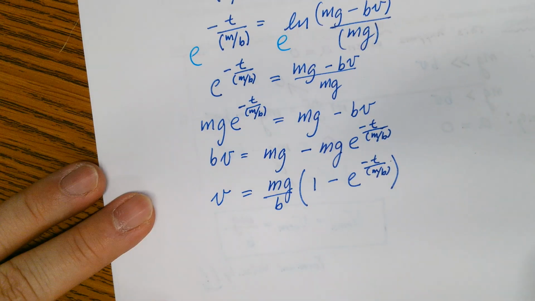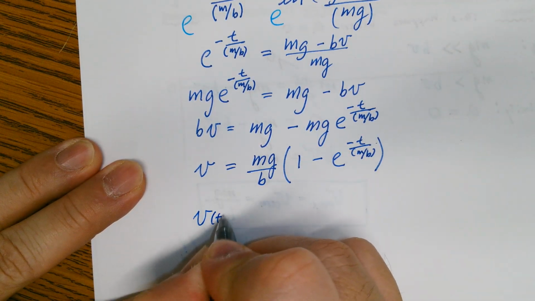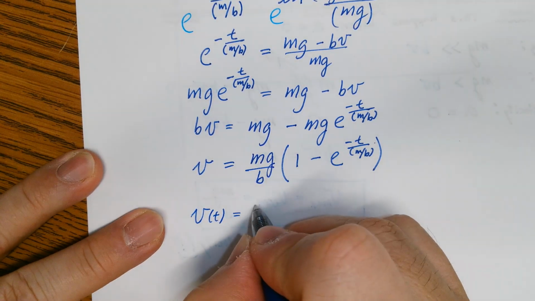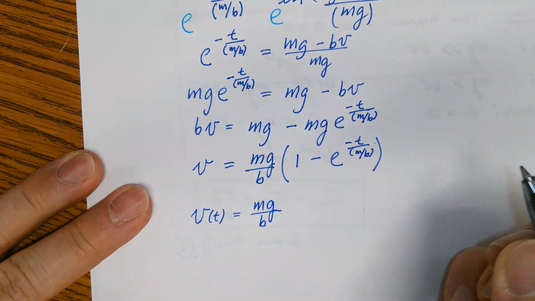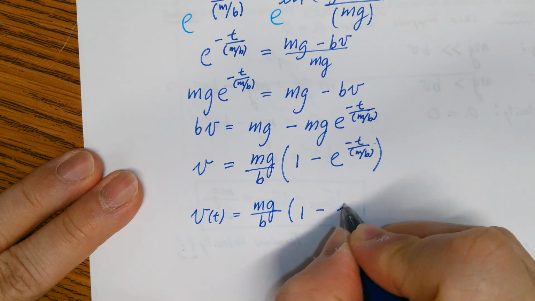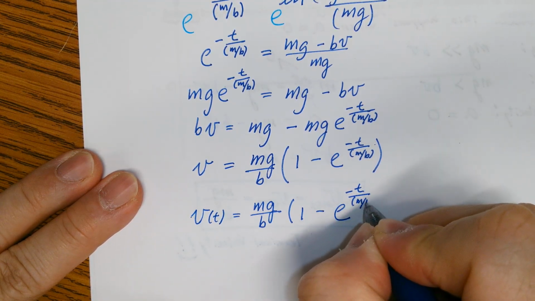So this is what the velocity function should look like. My v of t, velocity as a function of time, is equal to mg over b times (1 minus e to the negative t over (m over b)).